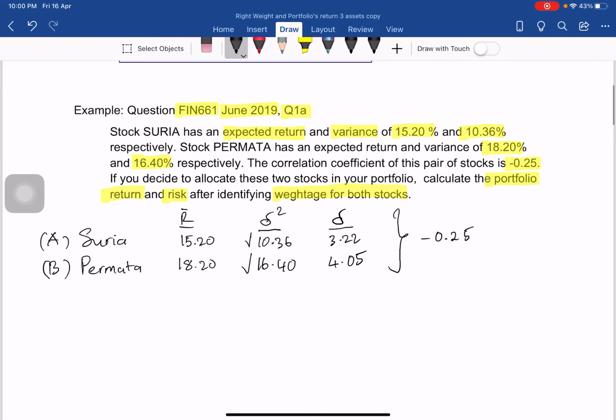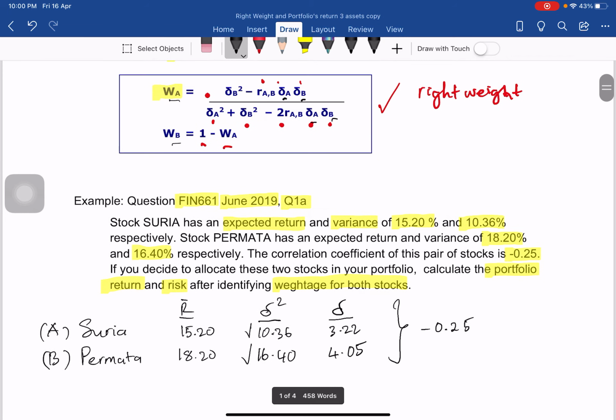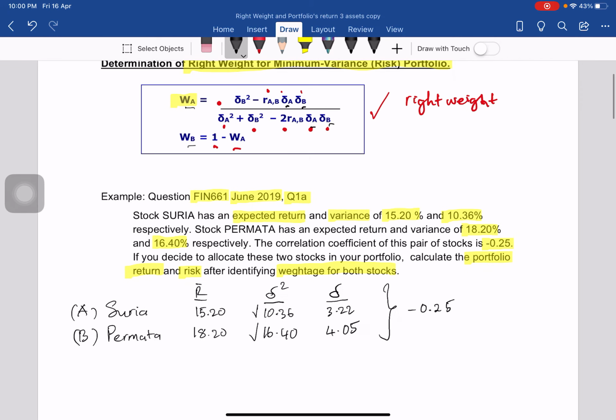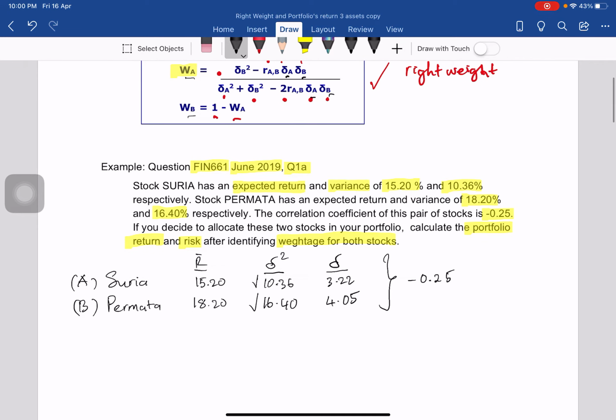So continue. To use this formula, to calculate weight A is equal to variance B, start with variance B so you have to be careful, minus correlation AB, which is given, times standard deviation A times standard deviation B. These we have already calculated.